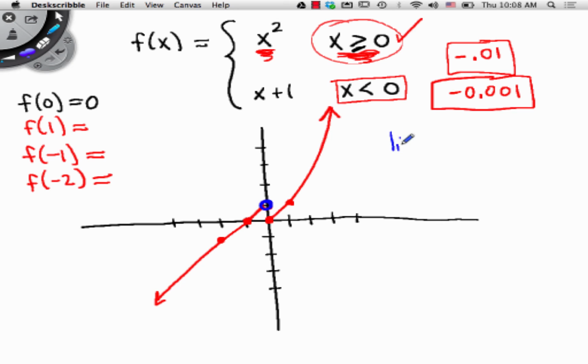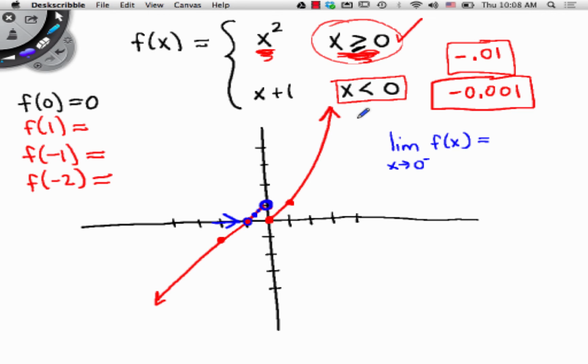So if I want the limit as x goes to 0 from the left of the function, that means I'm approaching 0 on the x-axis. The question is, what are the ordered pairs approaching as I approach 0 on the x-axis? The y values are approaching what? It's approaching 1, right?